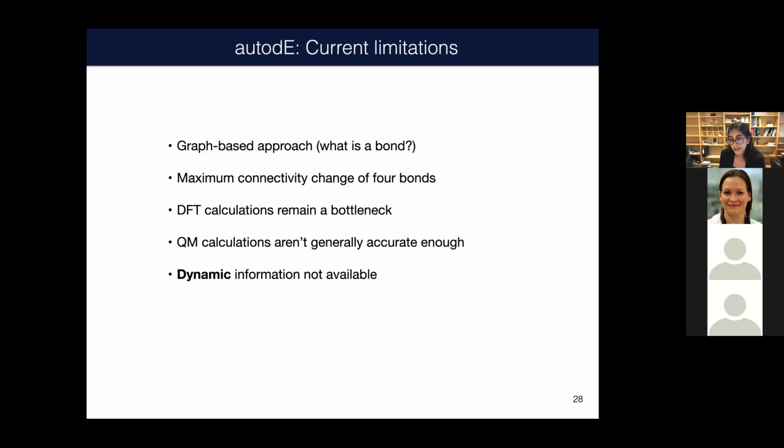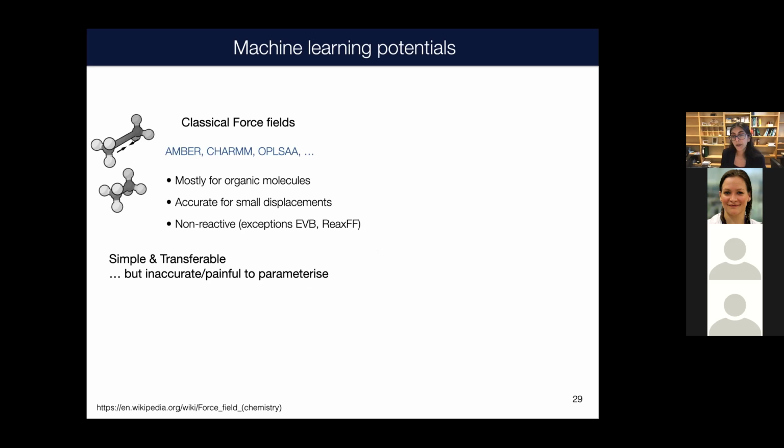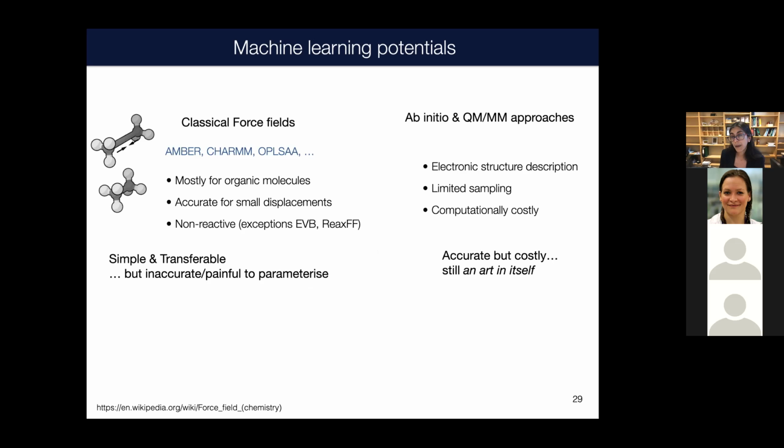And just to close, I will mention briefly what we have been working on in the last few months to overcome that. And that is to avoid and really remove electronic structure methods from our calculations. Initially, we were thinking, okay, we can go to classical force fields, which are well known and very easy to work with. Or we could do a QM/MM approach that is also very commonly used.